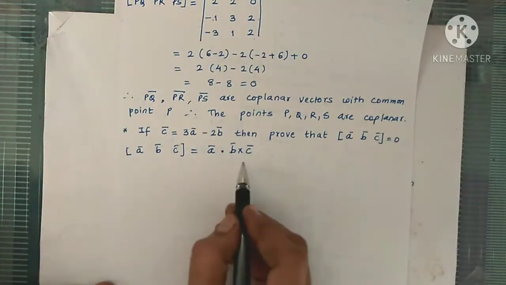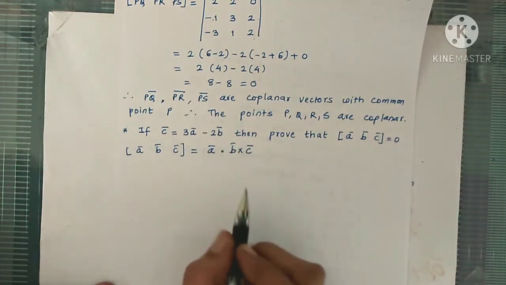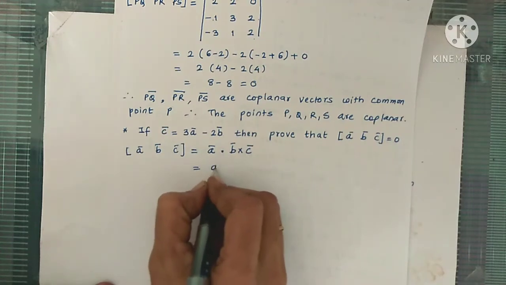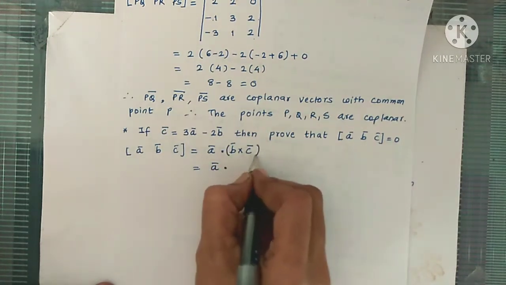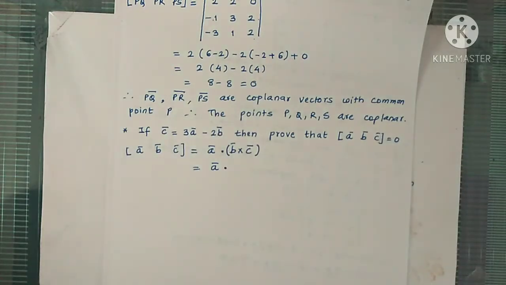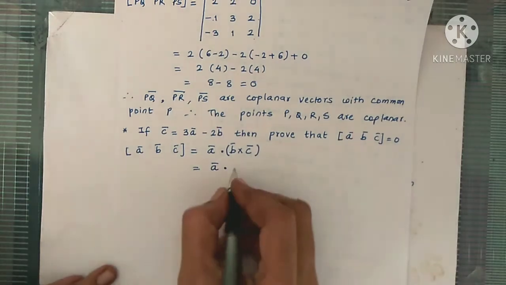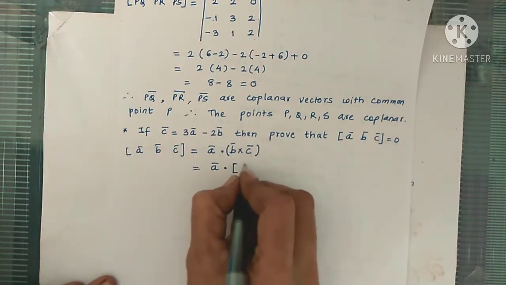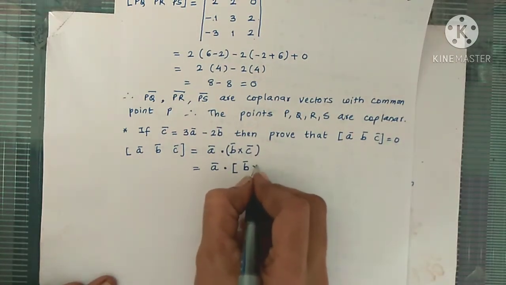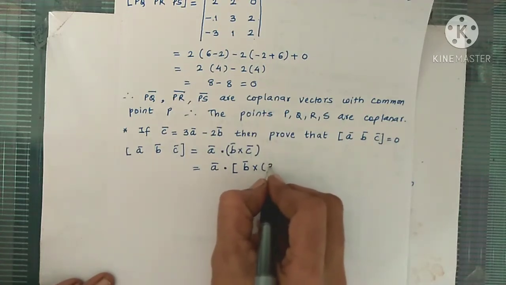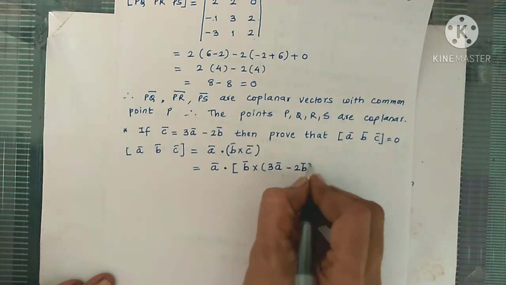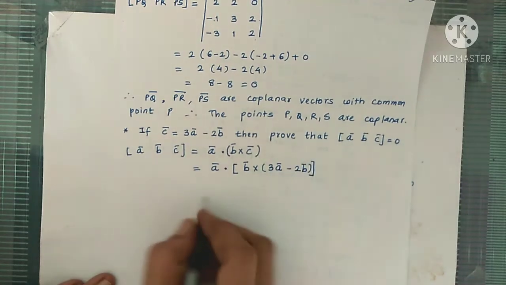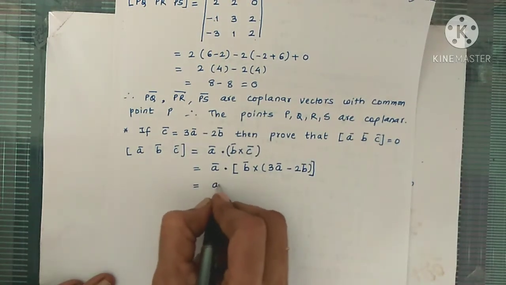Now let's substitute 3a bar minus 2b bar for c bar. So it is a bar dot, though we don't put a bracket here, it is considered that b bar cross c bar is in a bracket. So first let's simplify this square bracket.